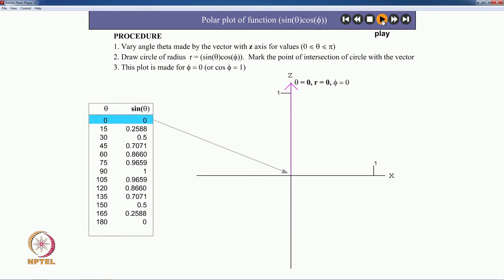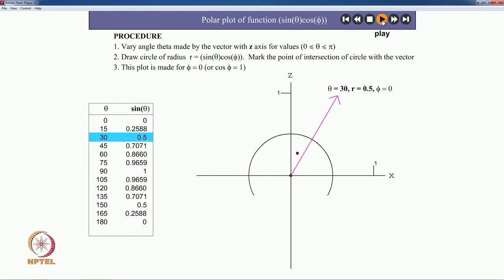Therefore, it will go to 0, it will go to negative, it will become 0, it will come to positive and so on. So, you can see first of all the sin theta on the polar graph here, which does not have any negative values because sin theta is positive in the range 0 to 180. It starts from 0.